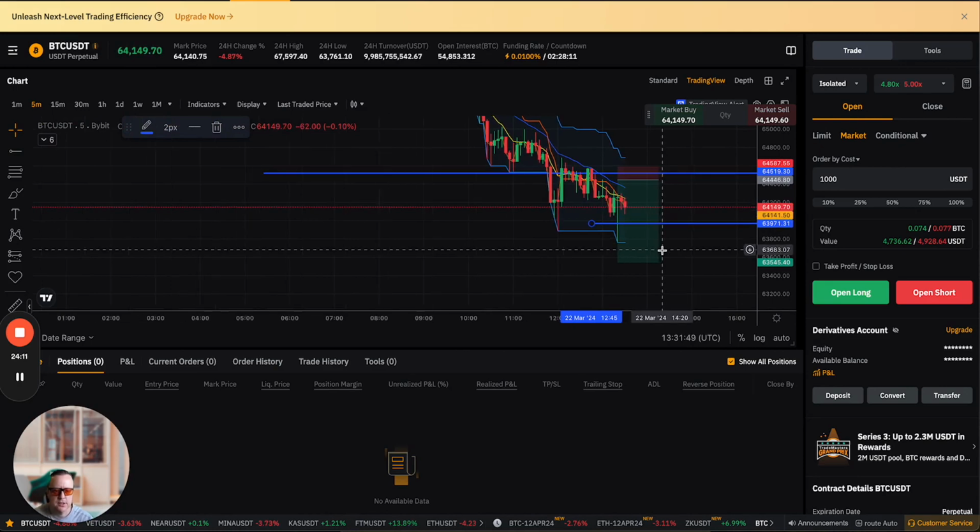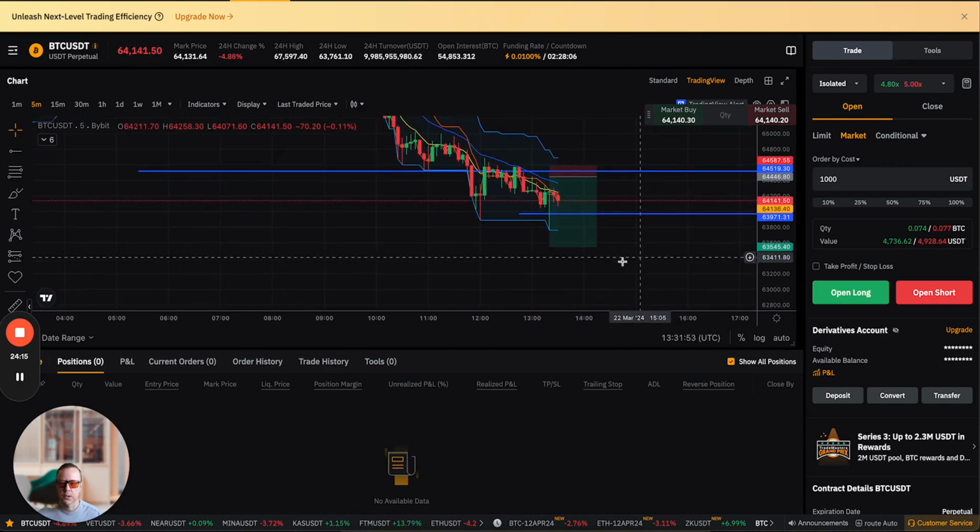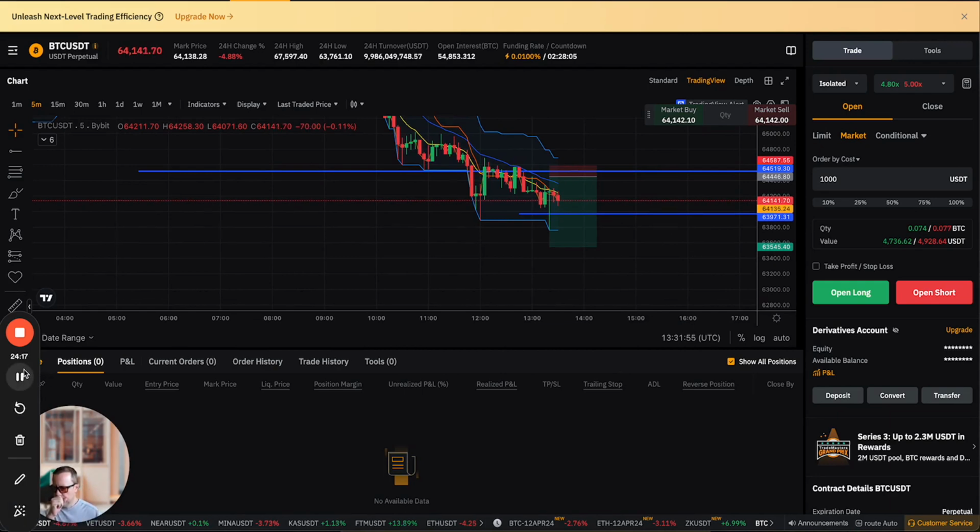What matters is where that volatility cloud mathematically calculated a support. Okay, so now we have our expected deviation zone for the top. That's where the pressure line is. And then we have our expected deviation zone for the bottom, right? And we can see where that is.